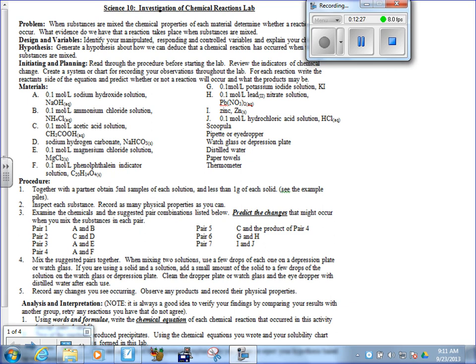Okay, people, get to your lab stations here and then pull the stools off and have a seat. We'll have all the equipment out here in just a second, and I'll do the explanation here.